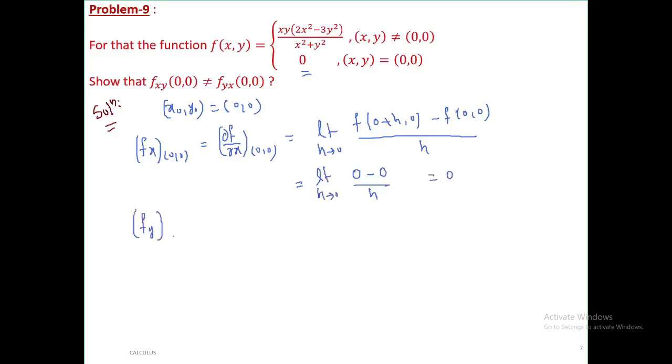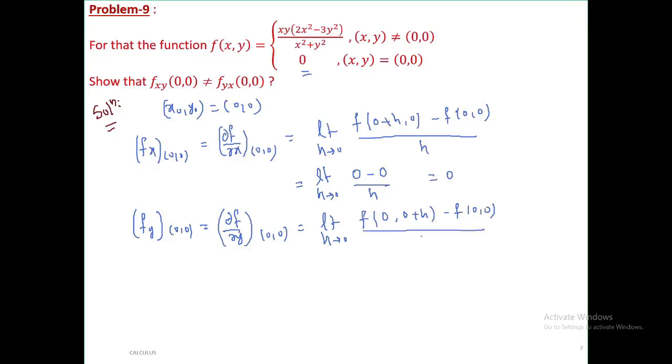Similarly fy at origin, okay, and dou f by dou y at origin. So this will be again limit h tends to 0, right? Variation in y coordinate, so f of 0 comma h, minus f of 0 comma 0 whole upon h.